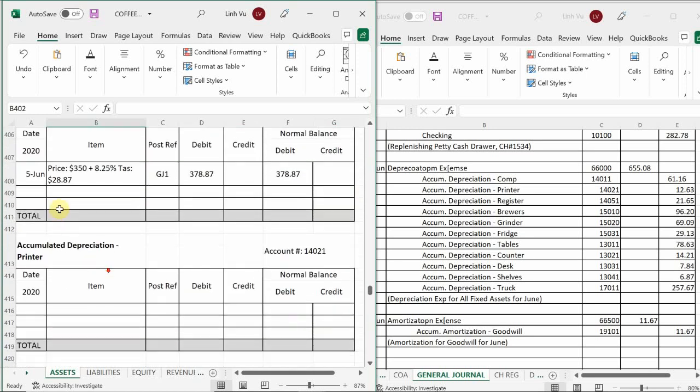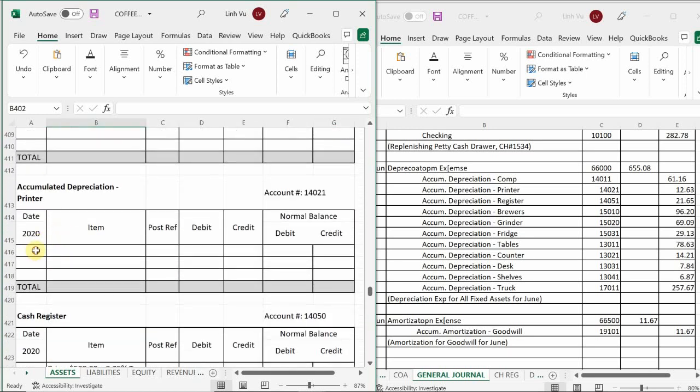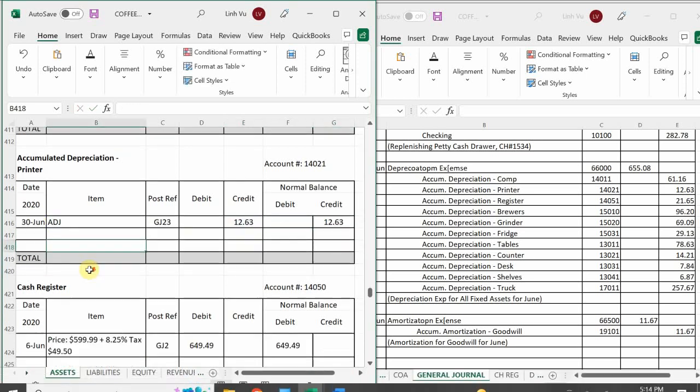Okay. Our printer, right? Accumulated depreciation for the printer is going to be $12.63. Okay.